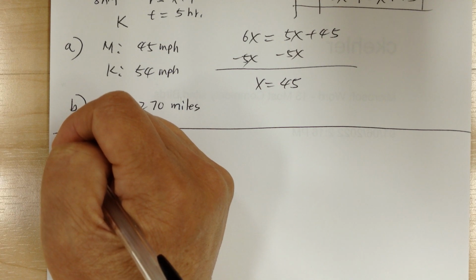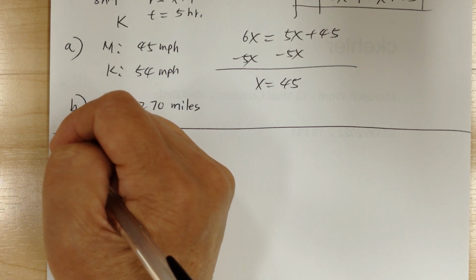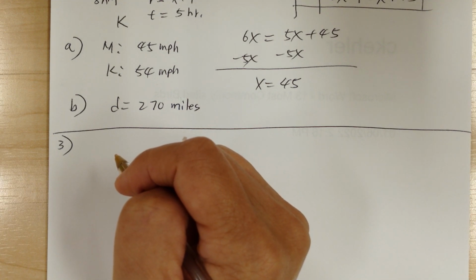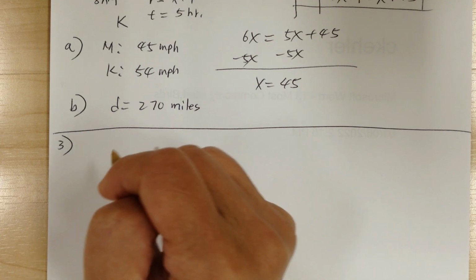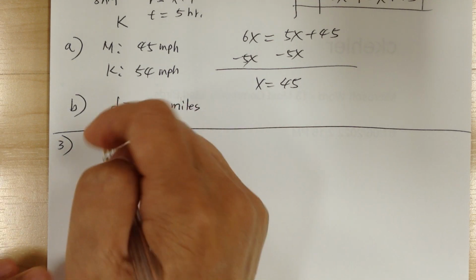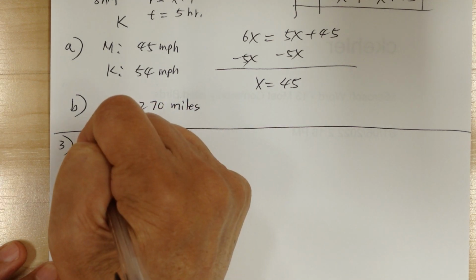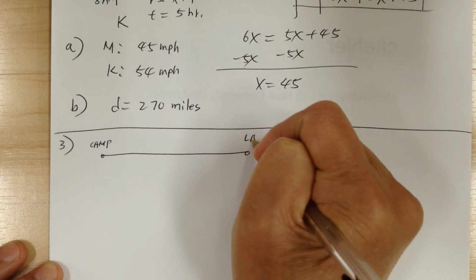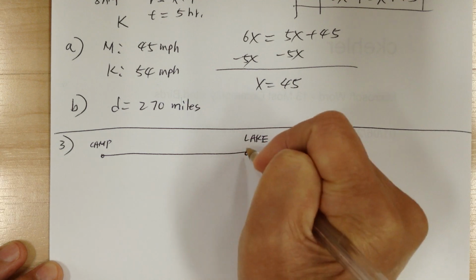Again, read through. Trent hiked from his camp to a lake and returned to camp later in the day. So you're hiking. Here's the camp and here's the lake.